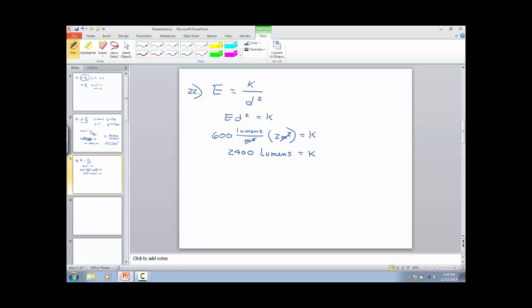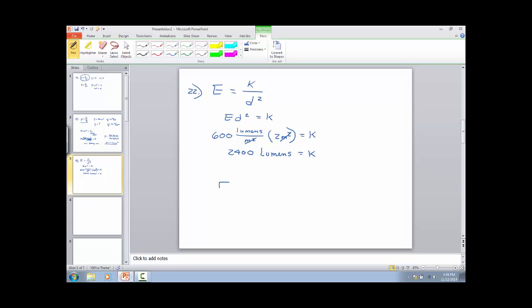Now, there was more to the problem. Let's see, wasn't there? Oh, there it is. Determine how much illumination the same light source produces on a surface 6 meters away.